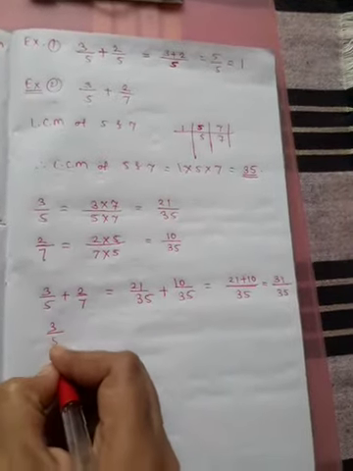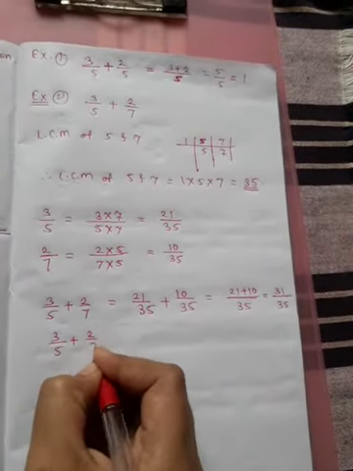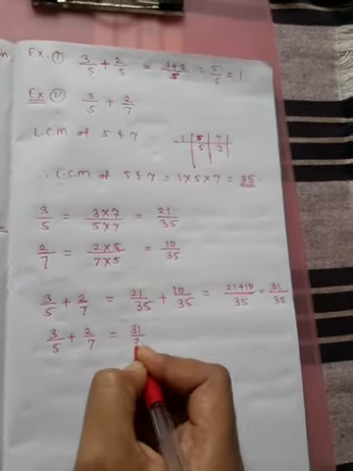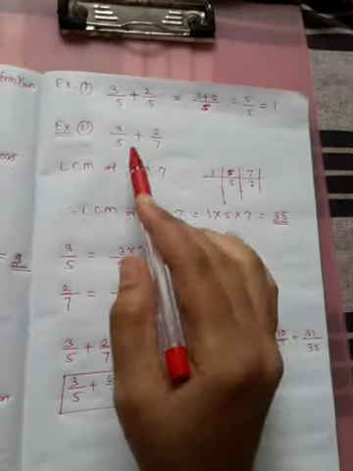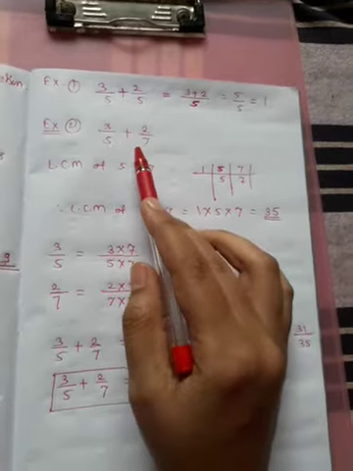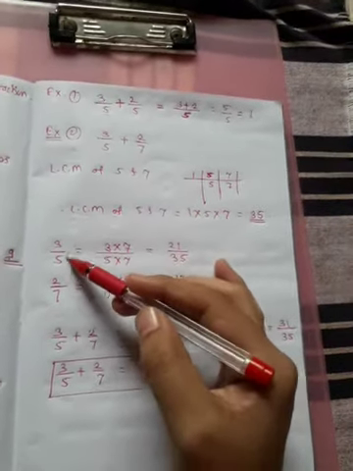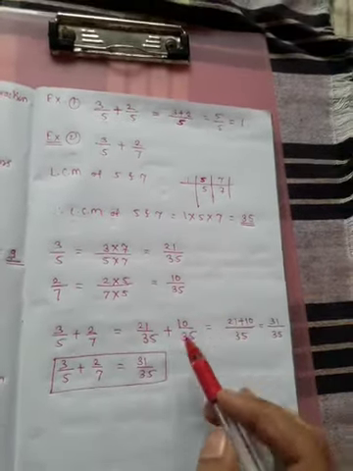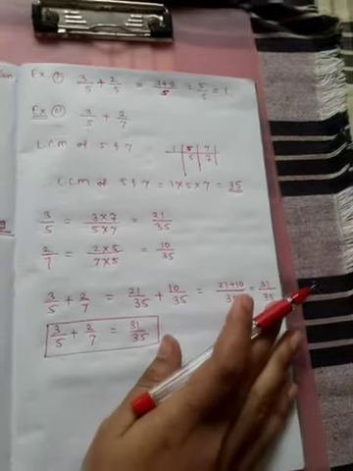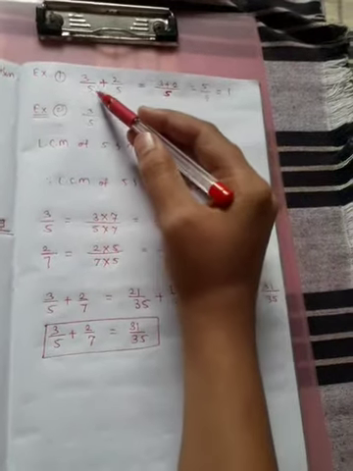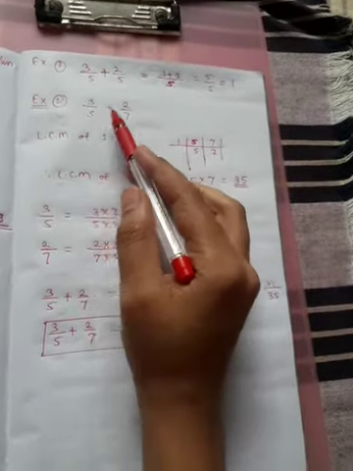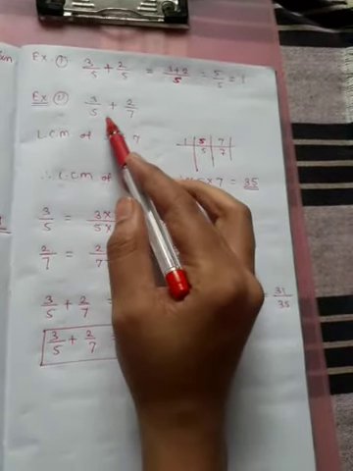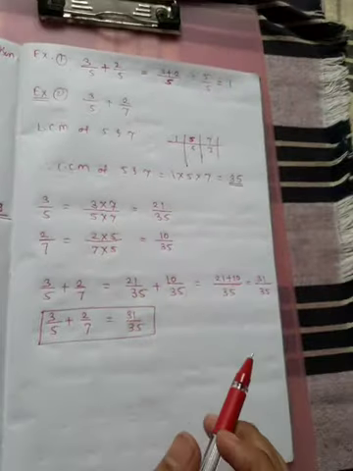So 3 by 5 plus 2 by 7 is equal to 31 by 35. Hence, when we add unlike fractions, first we have to make them like fractions, and then we can add or subtract them. This is the first example, where we added like fractions. In the second we added unlike fractions.